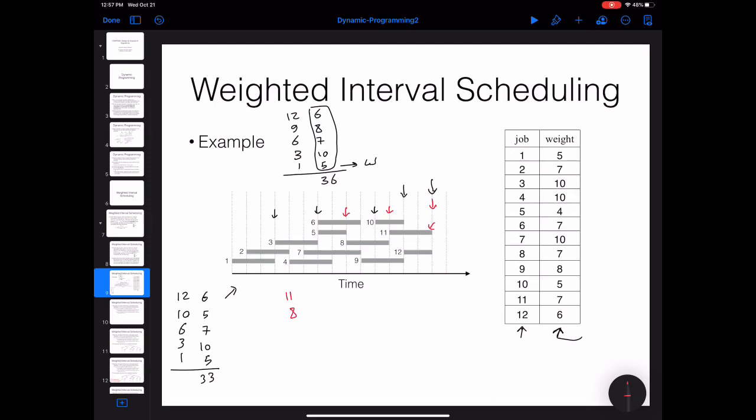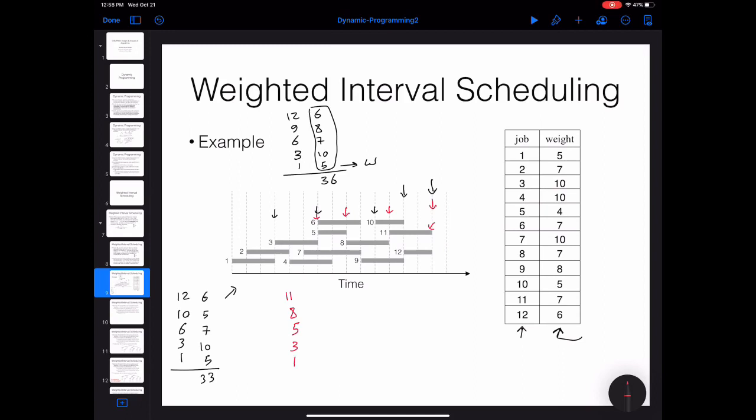So it means that I cannot choose 6 or 7. There is a conflict between them, so the next job that I can take is going to be 5. When you reach the beginning of 5, the next job that you can take is going to be 3, and then you can choose 1.